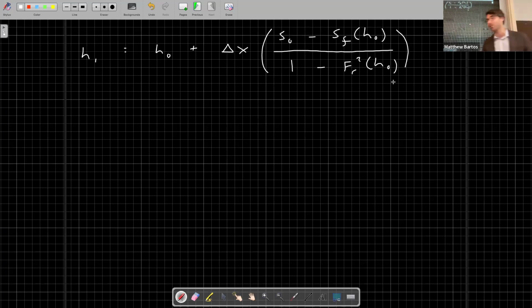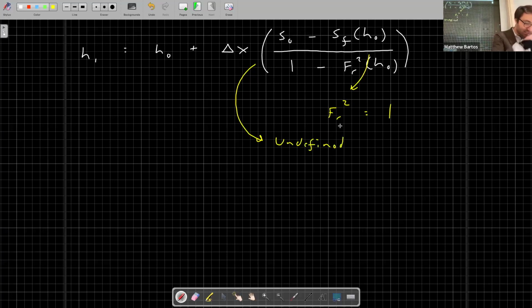That is correct. If we apply this technique naively, the Froude number evaluated at the critical depth will be equal to 1. So the Froude number squared will also be equal to 1. Therefore, this denominator will go to 0, and this term here will be undefined. So our explicit method won't work.